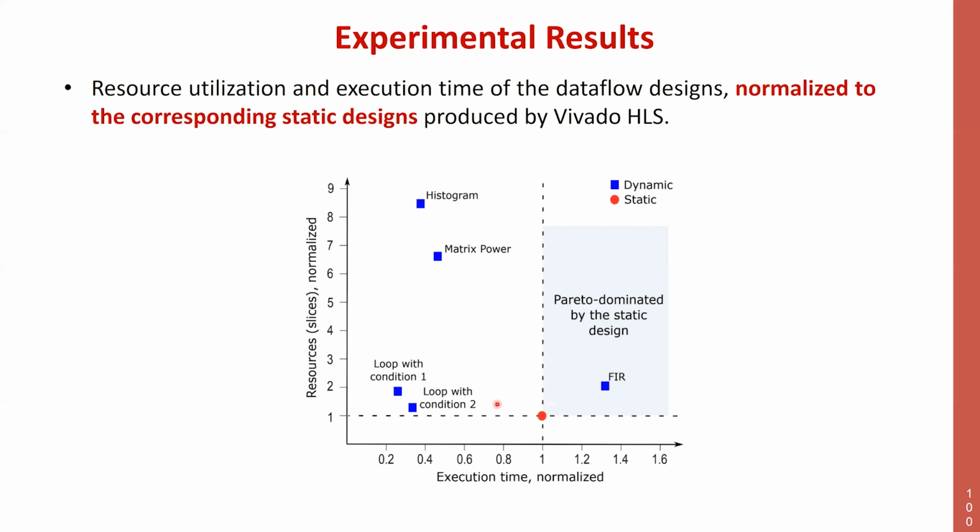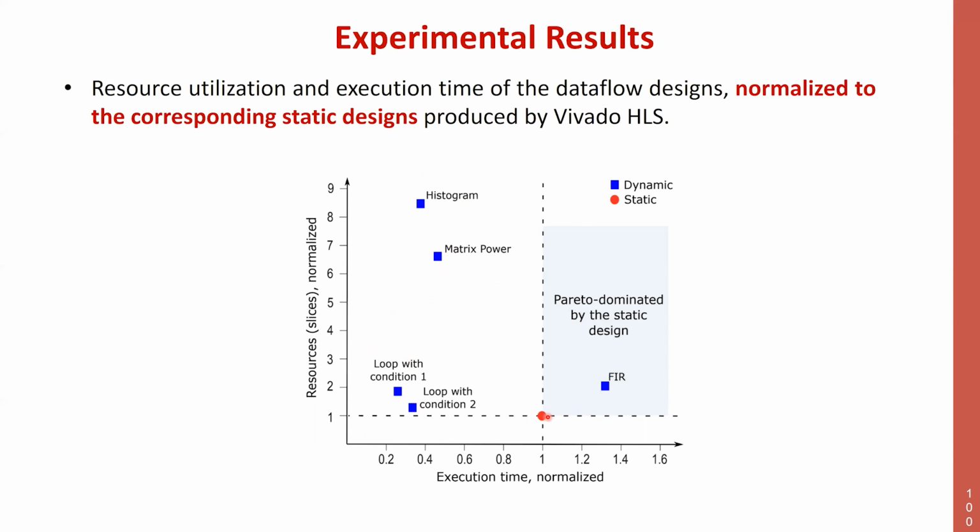Yet, as soon as there are conditions in the loops or memory accesses that cannot be disambiguated, we do way better, right? In terms of execution time, we are a factor faster, like 3, 4, 5 times faster, at the price of resources. But again, all these points are Pareto optimal compared to this.